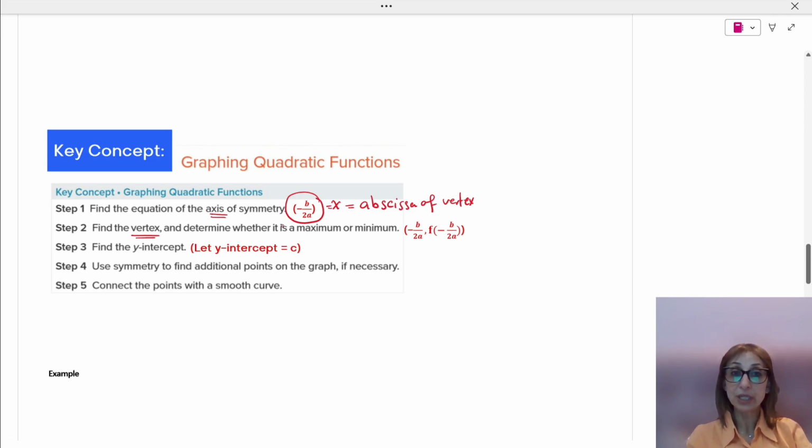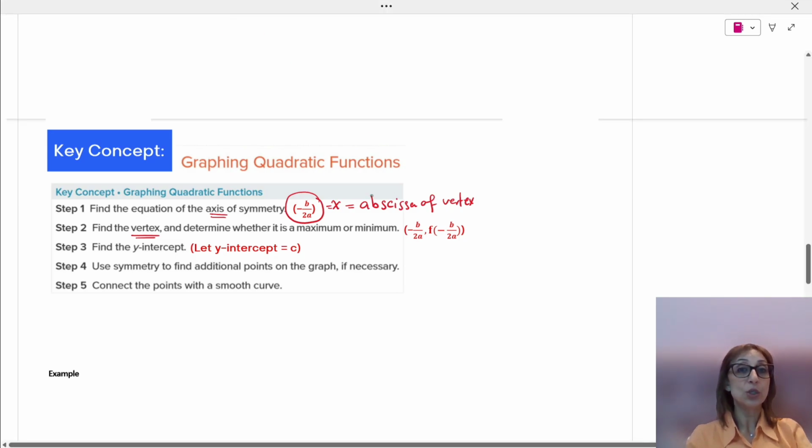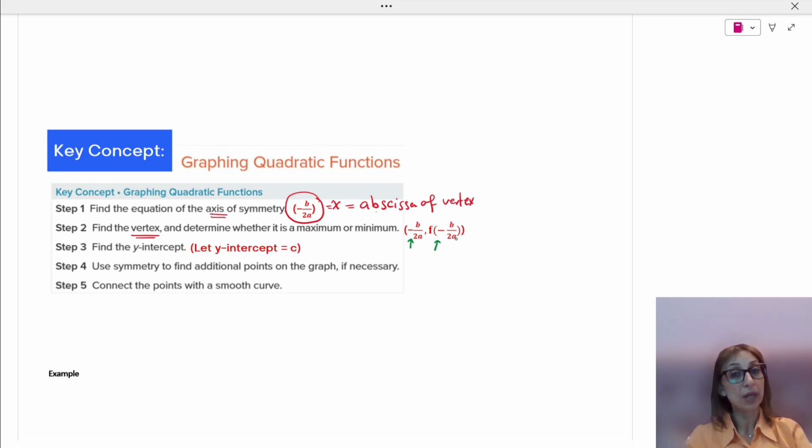To find the vertex, the x coordinate is negative b over 2a, and the y coordinate is f of negative b over 2a, by plugging the abscissa into the function to get its y value.